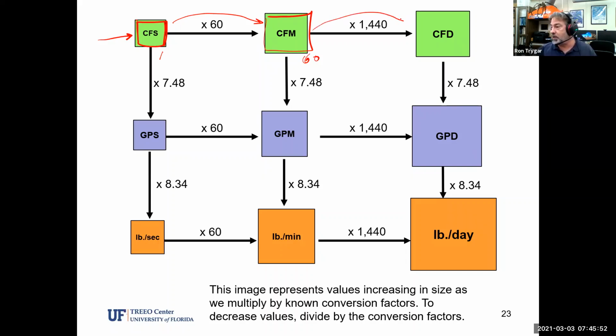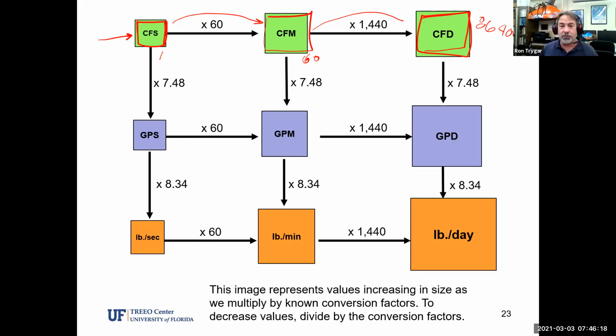So we multiply the 60 cubic feet per minute times 1440. On your calculator, 60 times 1440, I came up with 86,400. So over here now, we're up to 86,400, and that number got much bigger, didn't it? The actual box itself got larger. So that's how these work.